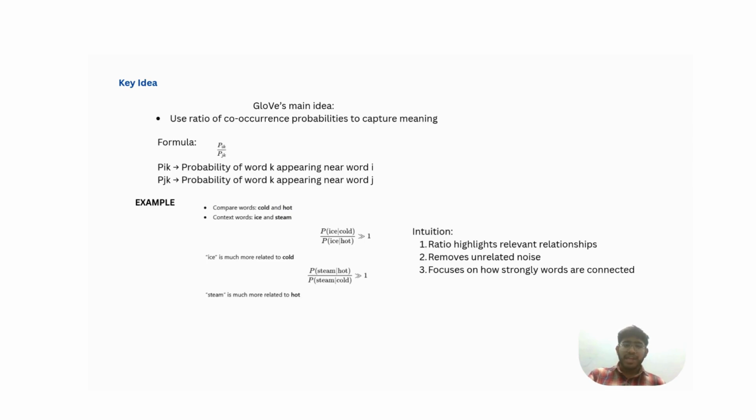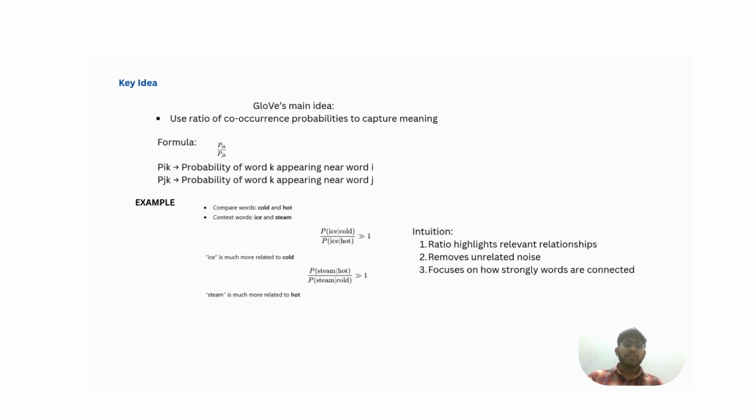Now let's see the key idea. The most powerful idea in GloVe is the use of probability ratios. Instead of looking at raw counts, GloVe compares probabilities. For example, we compare how likely a context word appears near two different target words. This ratio helps us identify relationships. Why is this important? Because raw counts can be noisy and misleading, but ratios highlight meaningful differences.